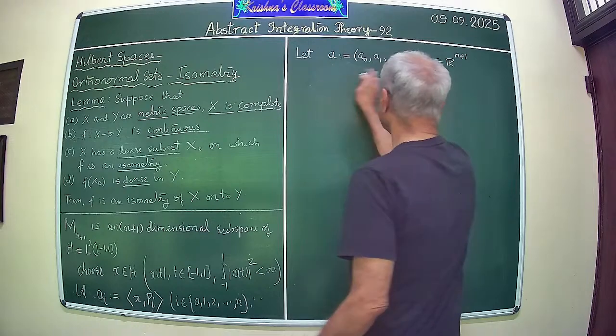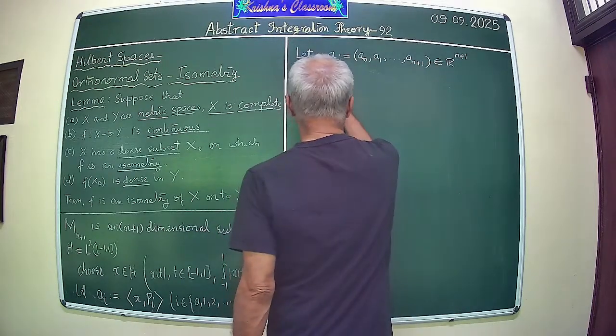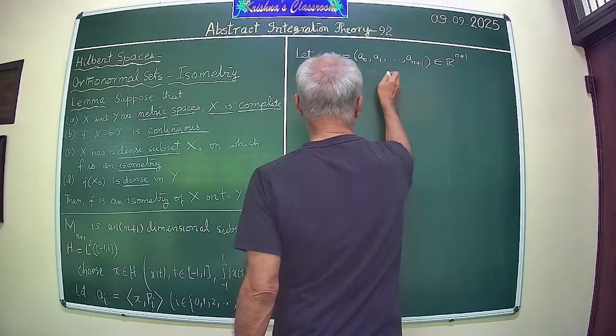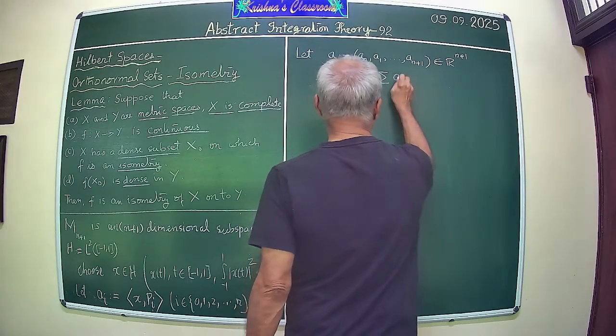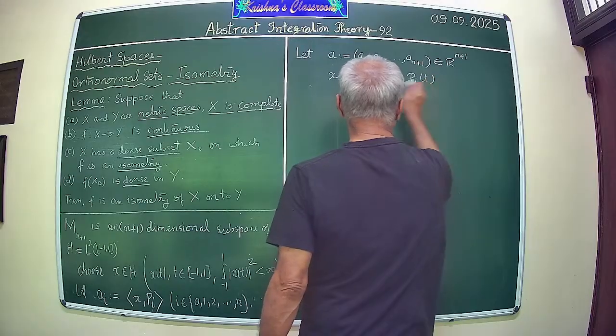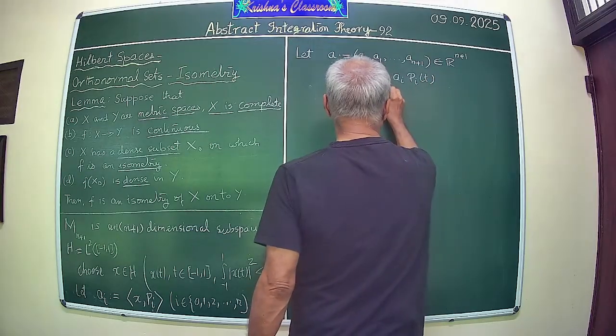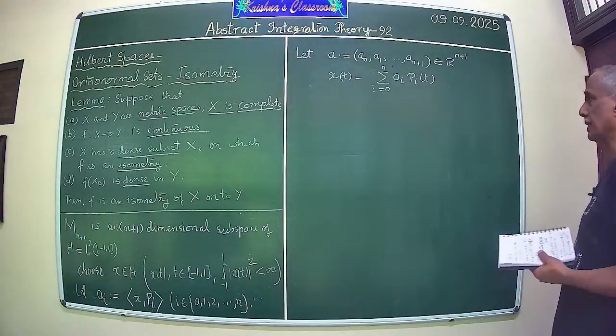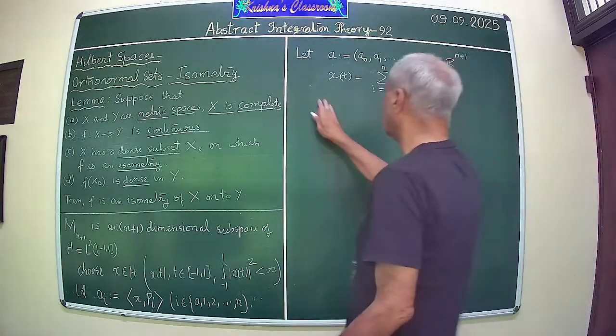I'll write it this way. It is x of t equal to this is what x of t is all about. The A i are unique.